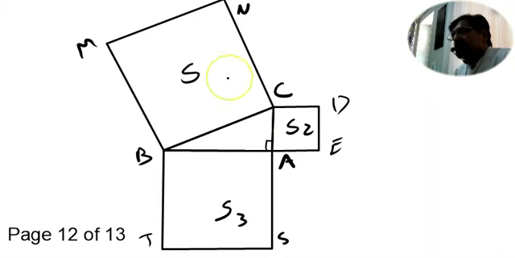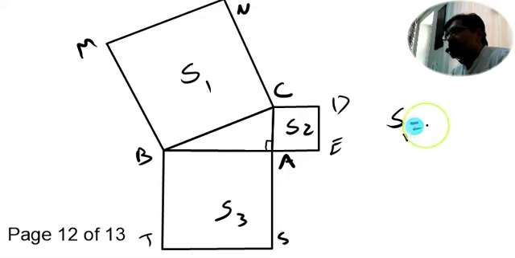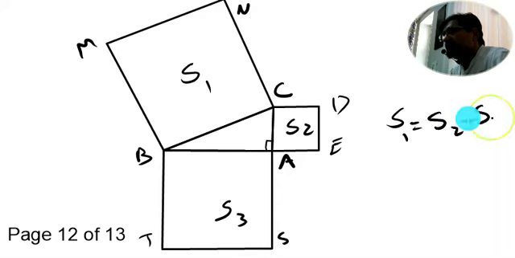If we shape the three squares over the sides of a right angle triangle, then S1 equals S2 plus S3.